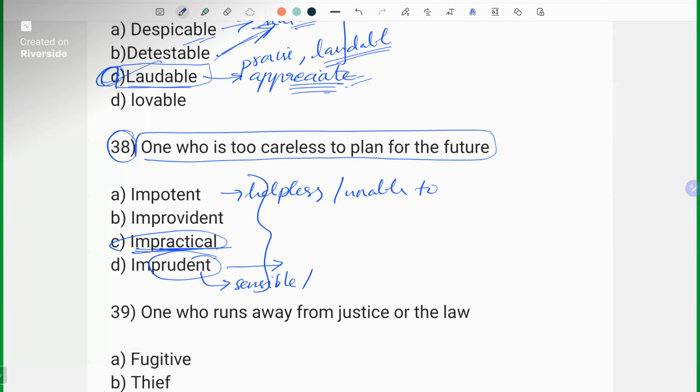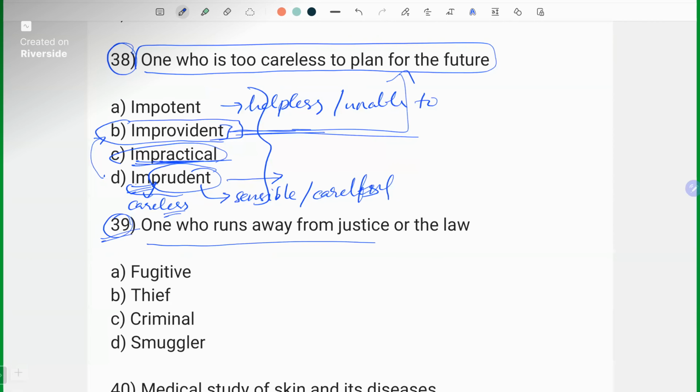We just studied prudent, we came across it. Careful, that is prudence. Imprudent is the opposite, careless. What is the answer? Option B, ma'am. Okay, the more apt word here is B. Please make a note: improvident, planning for the future and being careless.